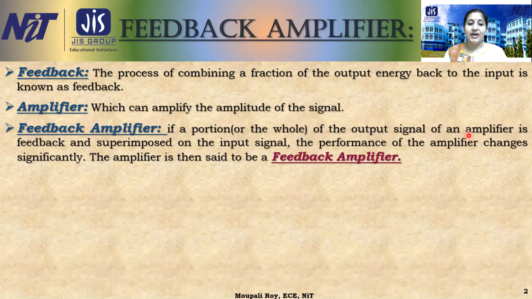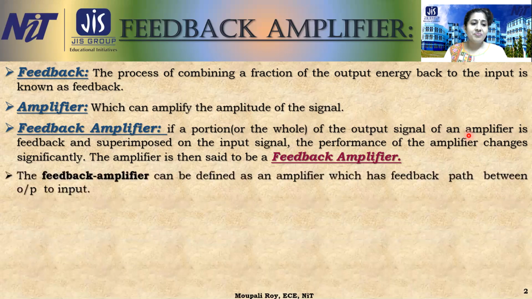And this amplifier is then called the feedback amplifier. So with respect to this feedback, the amplification that happens in the amplitude is called a feedback amplifier. Okay, so the feedback amplifier can be defined as the amplifier which has the feedback path between output and input. That means this feedback comes to the input from the output. So this is the feedback path between the output and input.